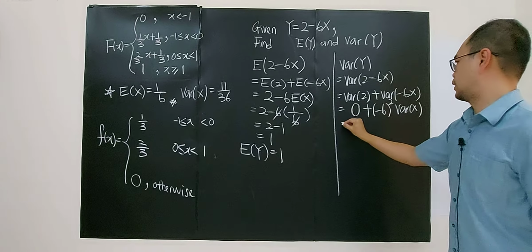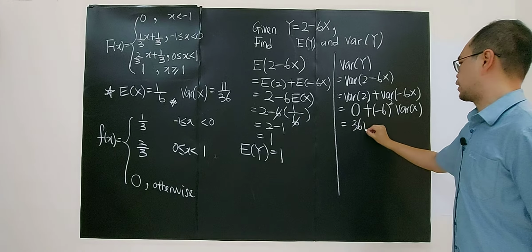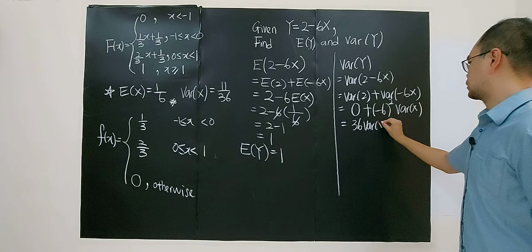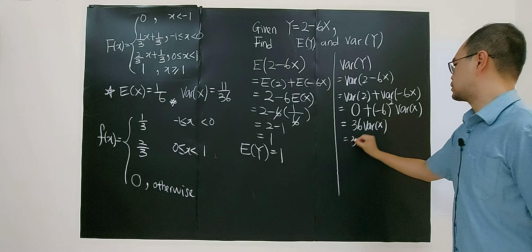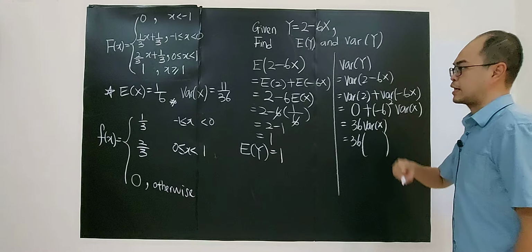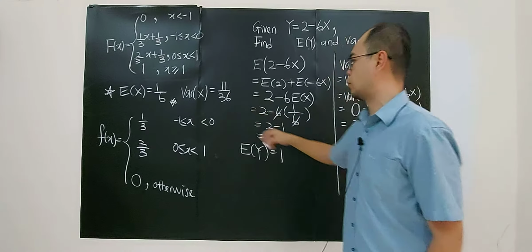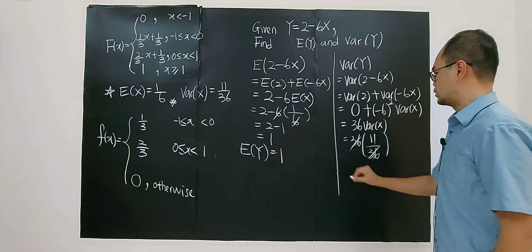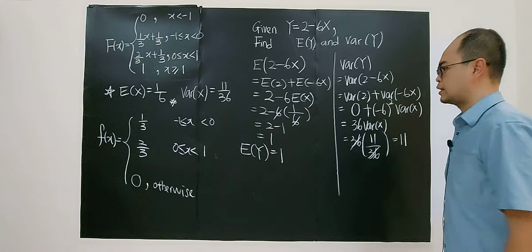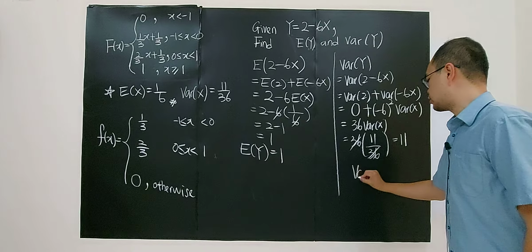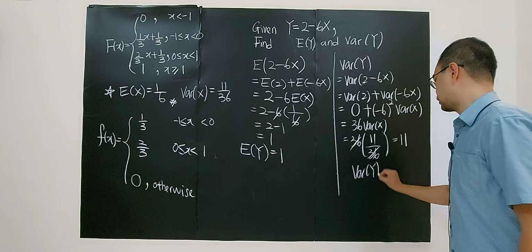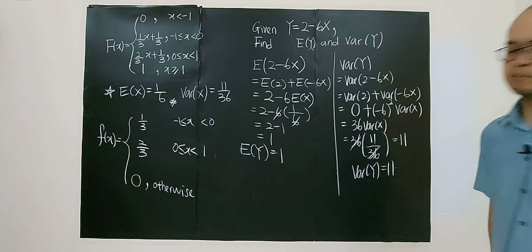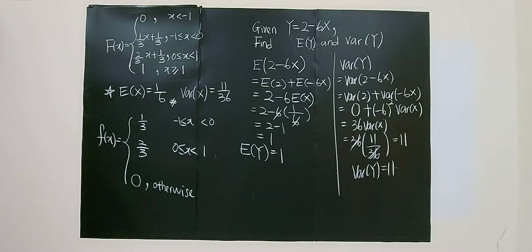And 36 multiplied with the variance of x that you found just now, 11 over 36, simplifies to 11. Means that the variance of y will be 11. Very simple, just apply the properties of expected value and variance.